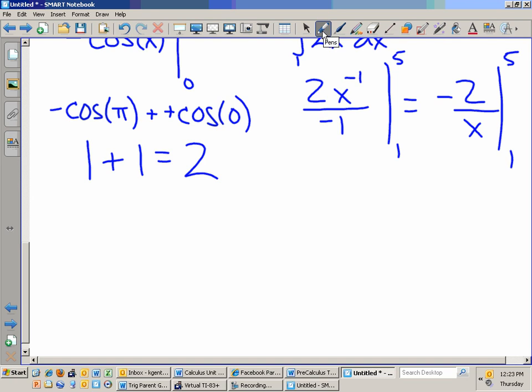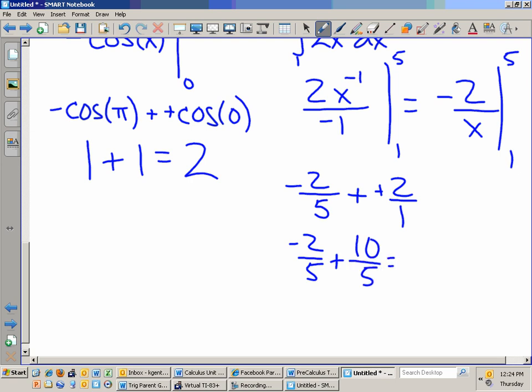Now that we have 5 and 1, we plug it in. I would have -2 over 5 minus a negative 2 over 1. Plus, there's negative 2 over 5 plus 10 over 5, which is equal to 8 over 5.